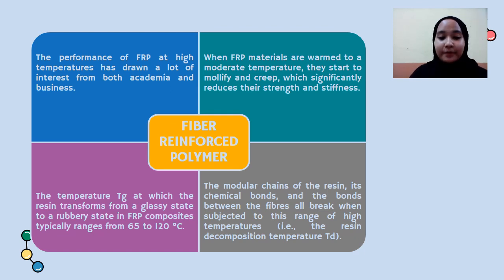And the temperature at which the resin transforms from a glassy state to a rubbery state in FRP composite typically ranges from 65 to 100 degrees Celsius, up to 120 degrees Celsius. And the molecular chains of the resin, its chemical bonds, and the bonds between the fibers all break when subjected to this range of high temperature, like the resin decomposition temperature.